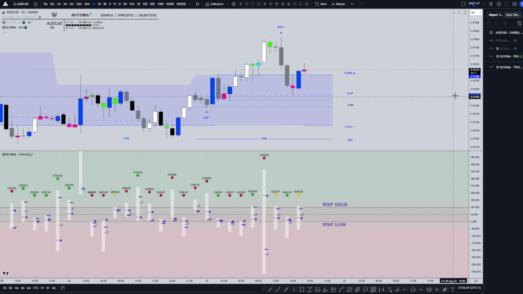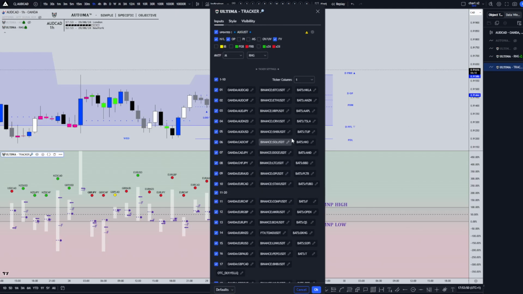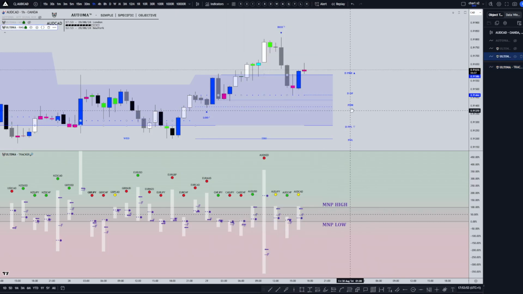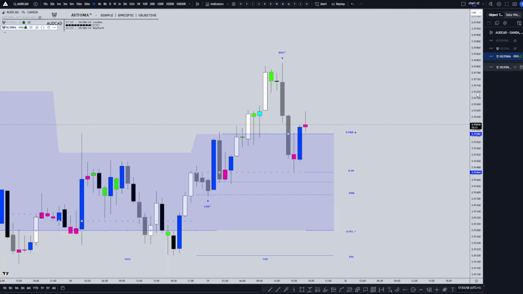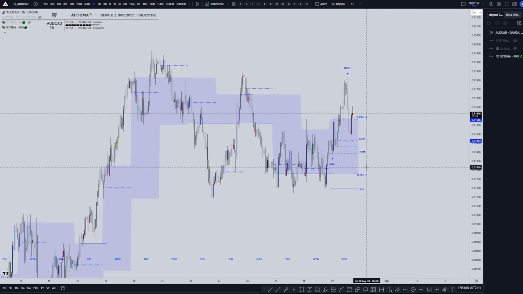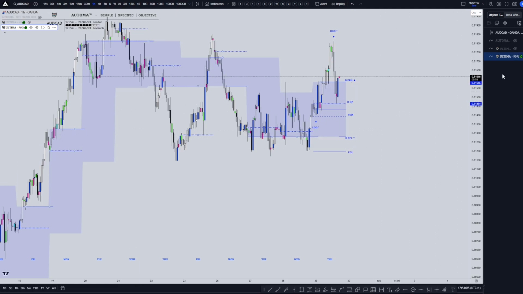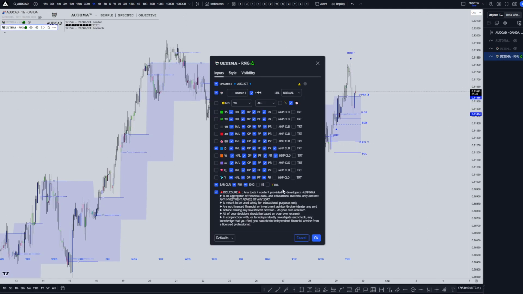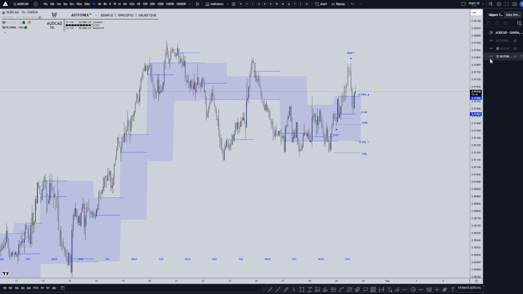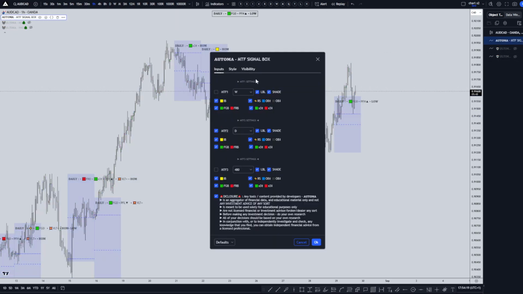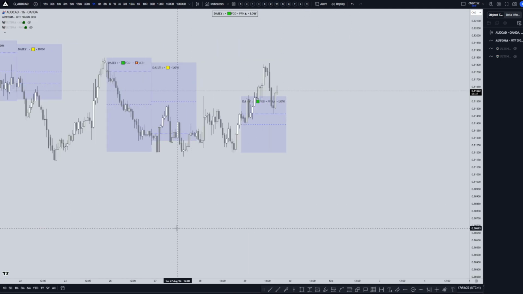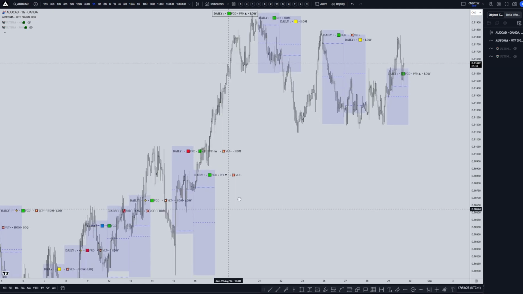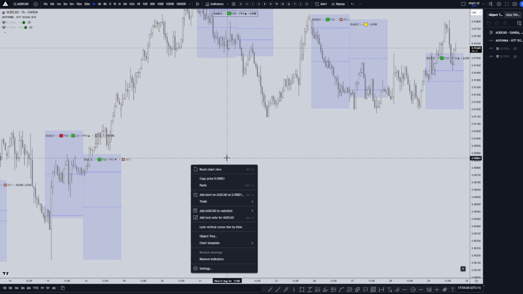We walked through everything on the tracker, the screener, the settings, the options, how to utilize them. Also we walked through how to backtest the signals and prime setups on the range tool, on the market structures tool, or the signal boxes, how to visually see and backtest it, and so on. So yeah.